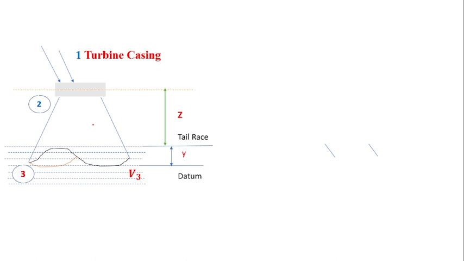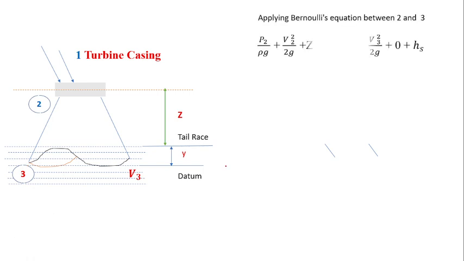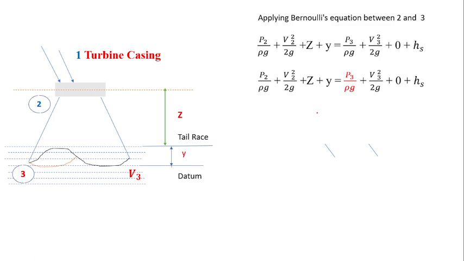Regarding the turbine casing, we apply Bernoulli's equation at points 1, 2 and 3. Comparing points 2 and 3: at point 2, P2 by rho g plus V2² by 2g plus z plus y from datum head; at point 3, P3 by rho g plus V3² by 2g plus 0, there is no datum head, only hs.